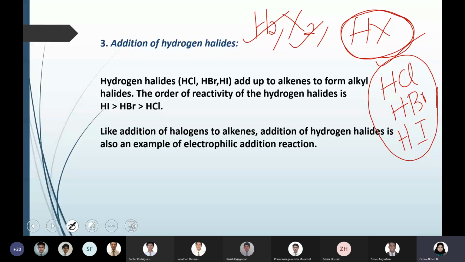The reactivity order is HI, HBr and HCl: HI addition will be faster than HBr addition, which is faster than HCl. Adding HI to an alkene is easier than adding HCl to an alkene.